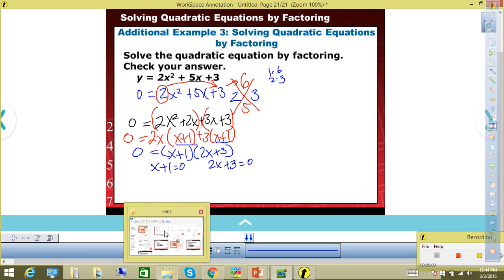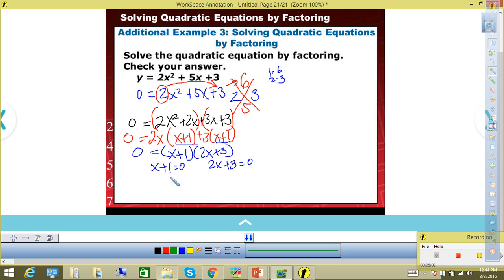All right, let's solve. That's the next step. Therefore, minus 1 minus 1, x equals -1. Minus 3 minus 3, 2x equals -3, divide by 2, divide by 2, x equals -1.5. These are my x-intercepts, my roots, my zeros, my solutions.